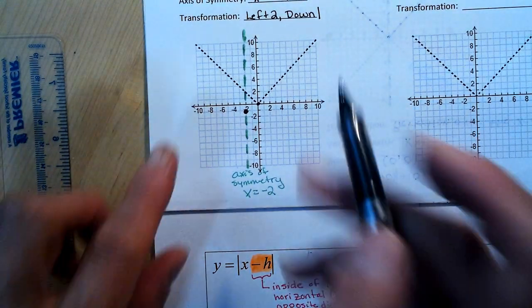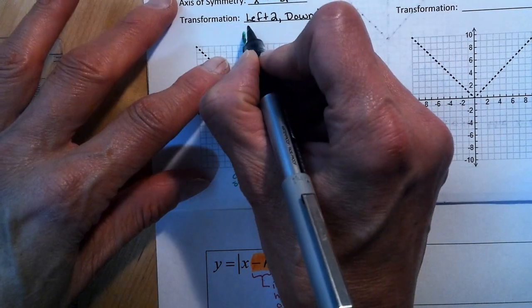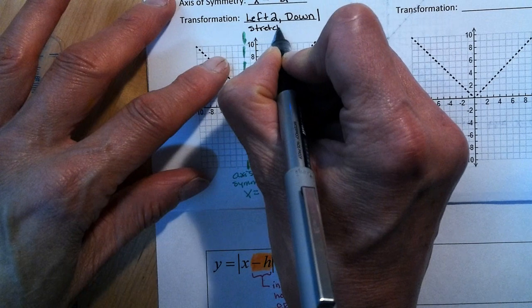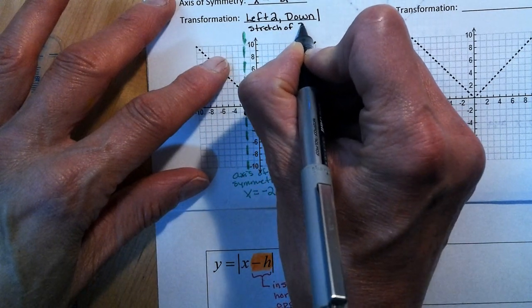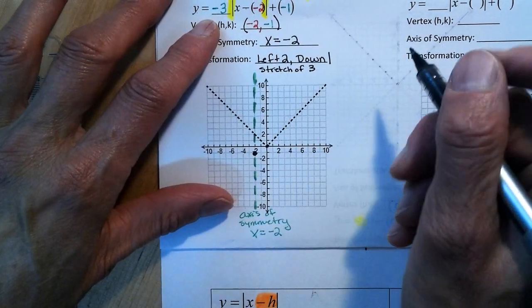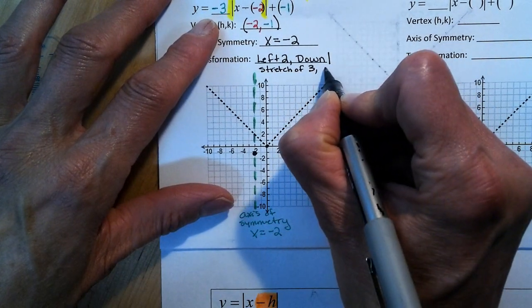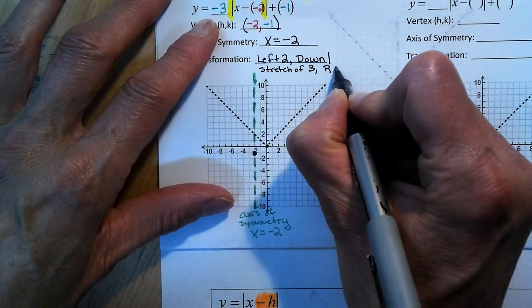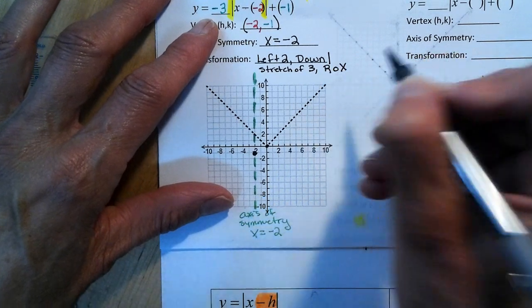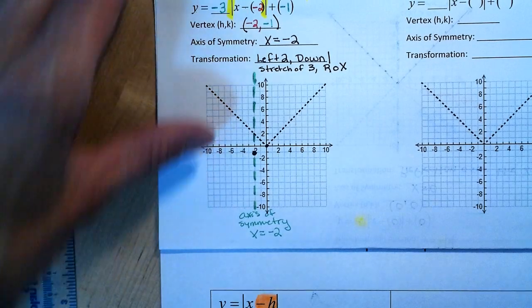So I'm going to go ahead and write these things down. I have a stretch of 3, which is what that 3 is doing there. And then I also have a reflection over the x-axis. That's what I'm going to abbreviate it. Reflection over the x-axis.